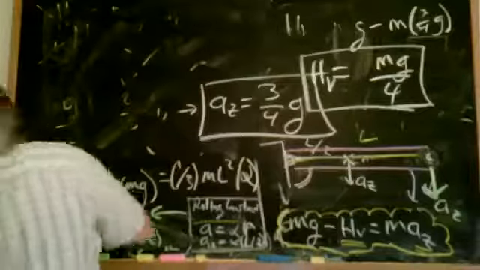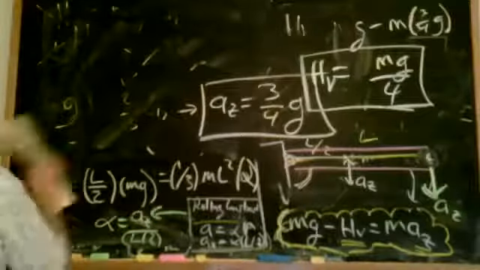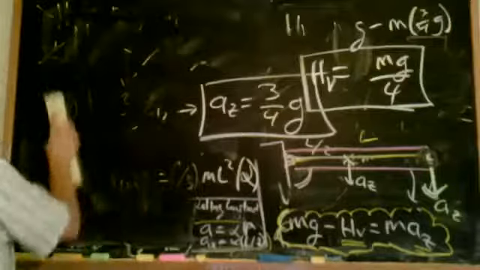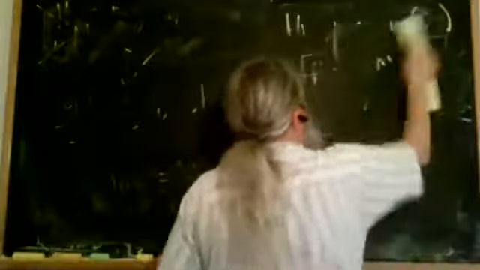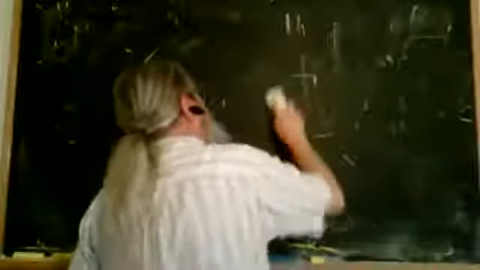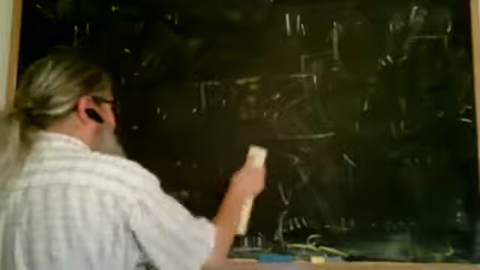Anybody else have any other questions while I'm erasing? Like I said yesterday, the humidity in the room makes the chalk stick more than it did before, because it gets damp and then it doesn't come off.